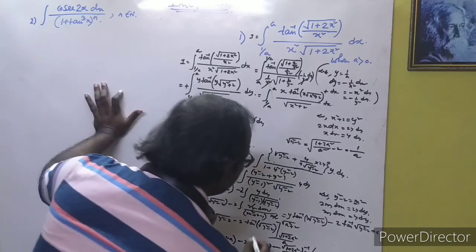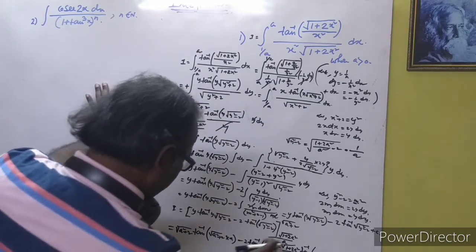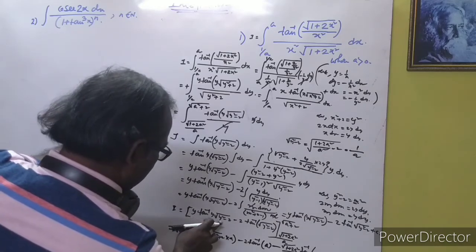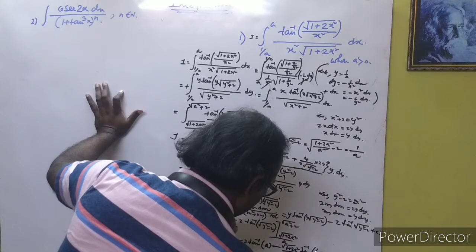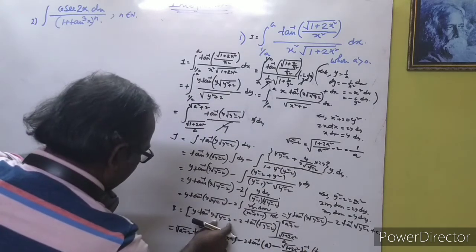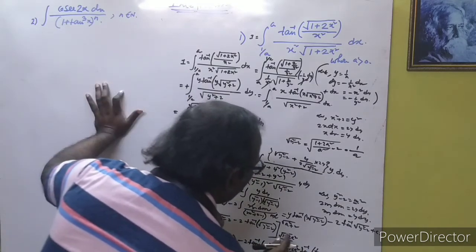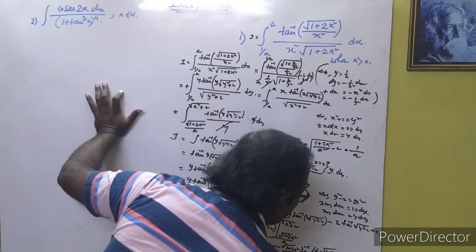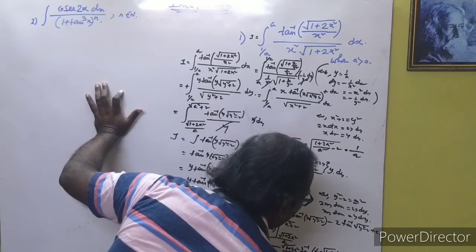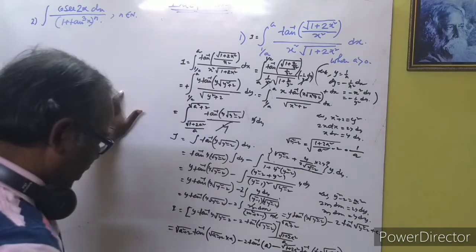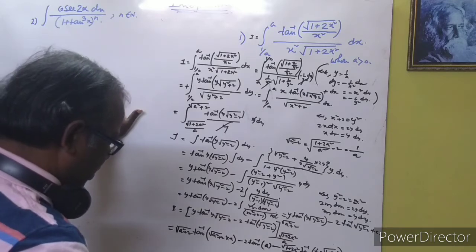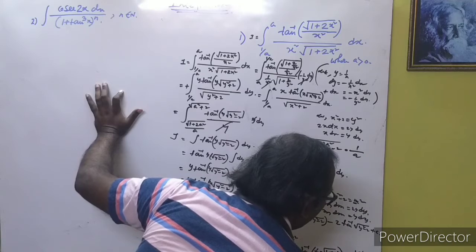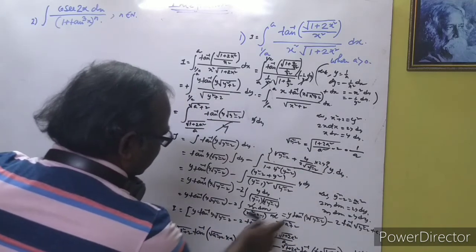So if we put this value in there, this is 1 by a, and into y, where y means the whole value, into root over 1 plus 2a square by a, and minus 2 tan inverse, this value is 1 by a.